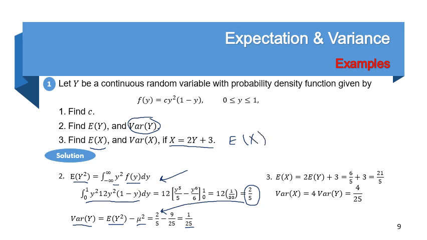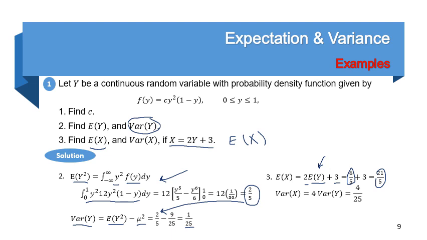So we drag the expectation inside, you get the 2 out, then the expectation of y here plus 3. And we already have the expectation of y as 3 over 5 from the previous one. So 2 multiplied by 3 over 5 will give you 6 over 5. Then you add the 3 here, you get 21 over 5.